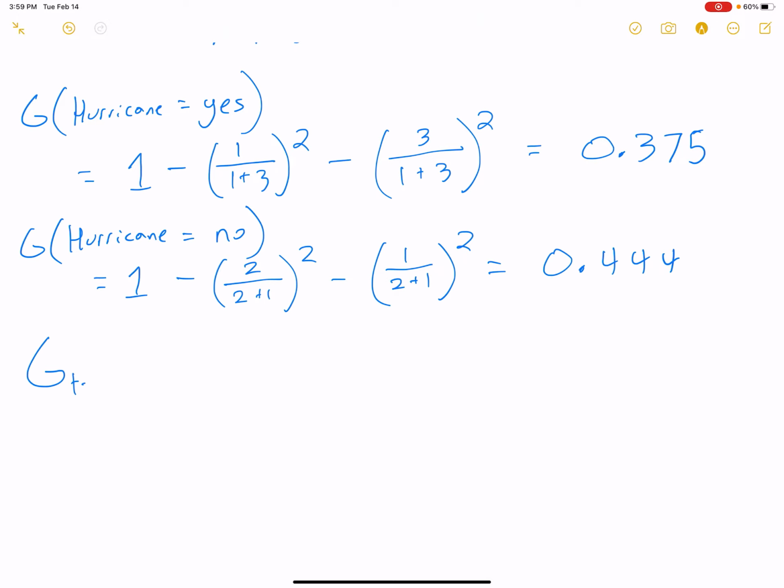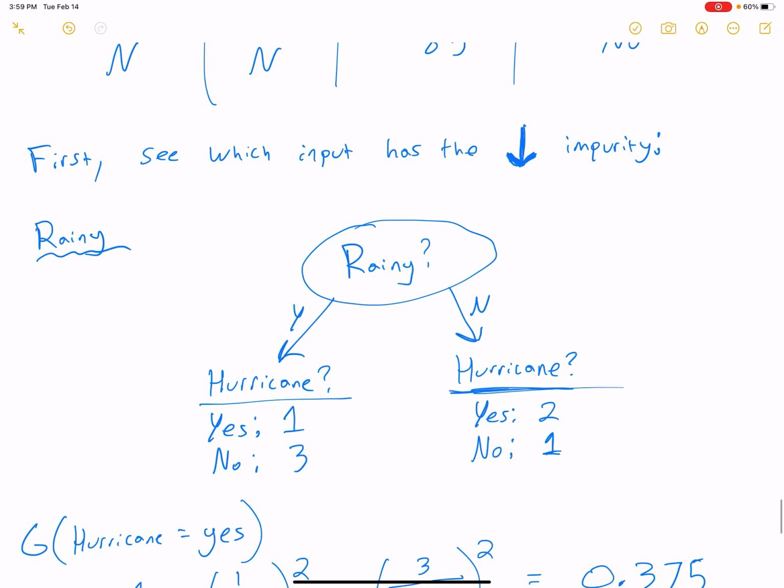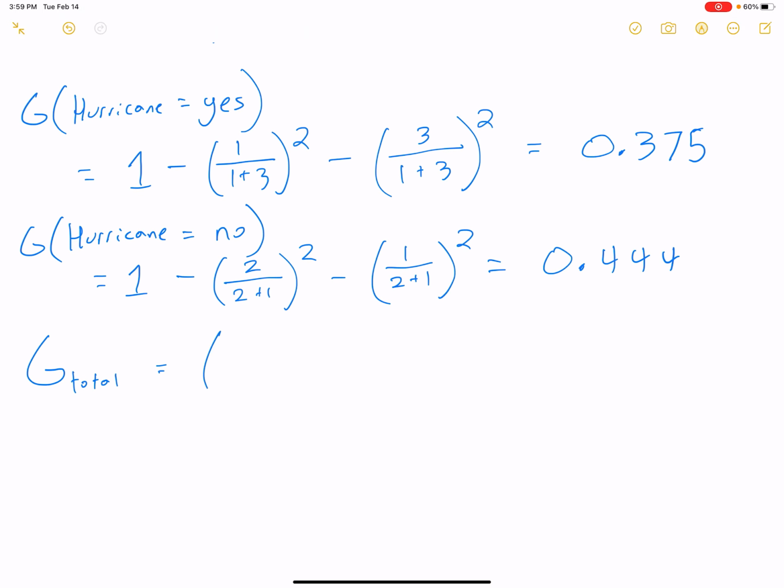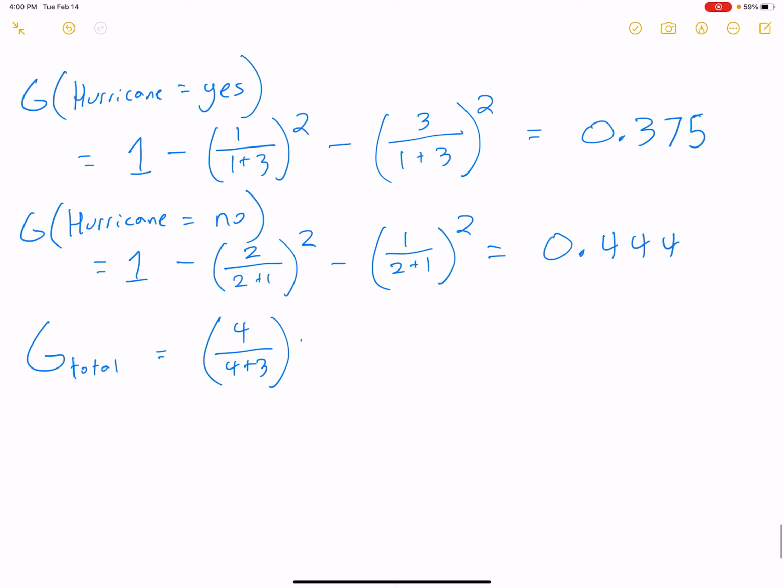And the total Gini impurity is going to be a weighted average of rain equals yes and rain equals no. So that would be 4/7 times 0.375 plus 3/7 times 0.444, and that equals 0.405.